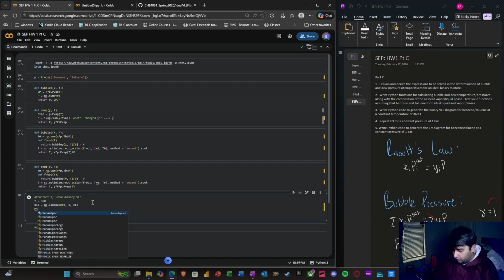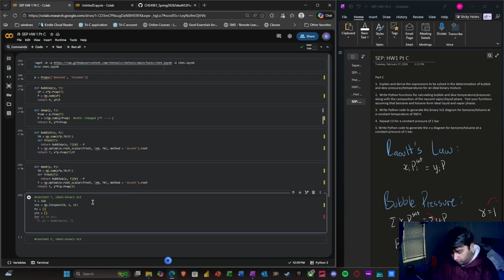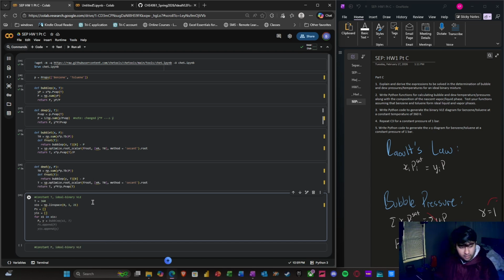And then we're going to start with listing our list of pressures, and y1s is our list of vapor composition values. And then for x1 in x1s, our p and y value is going to turn into an array in terms of bubble pressure.